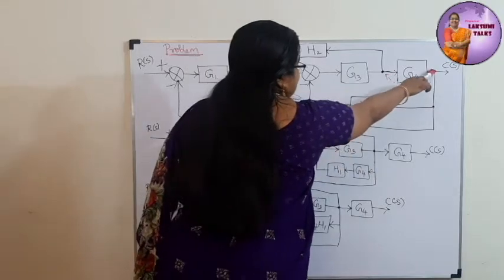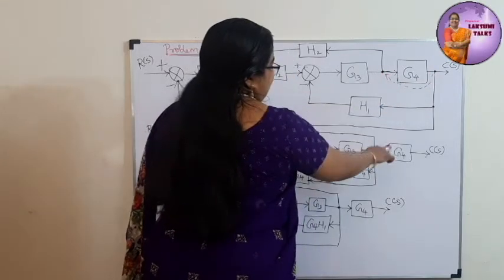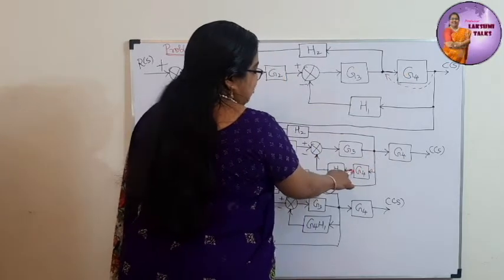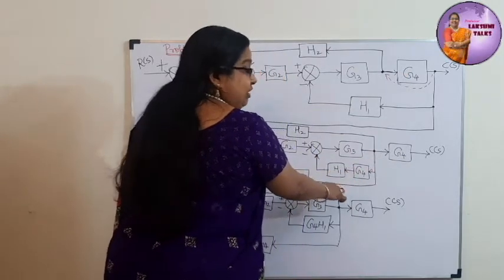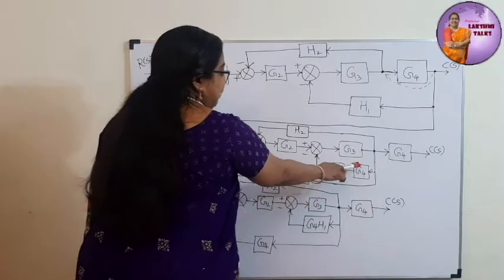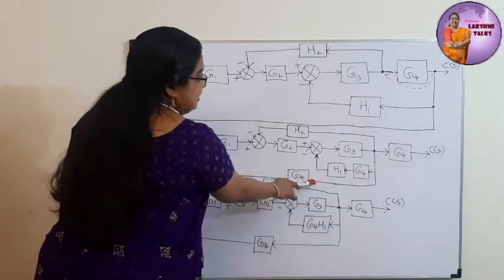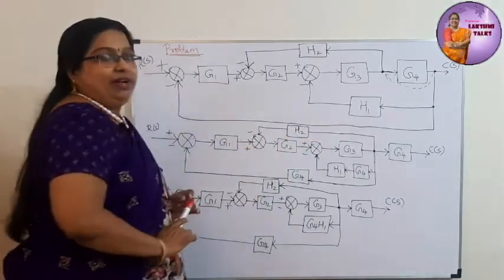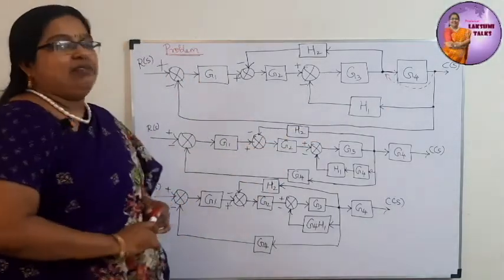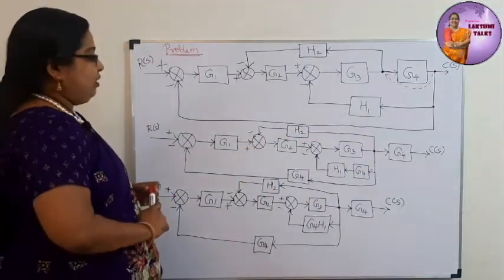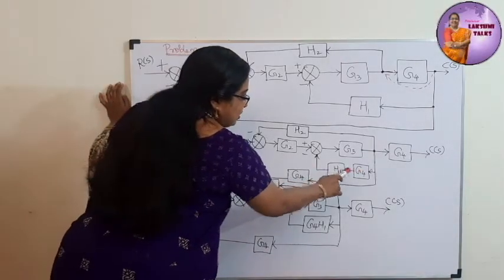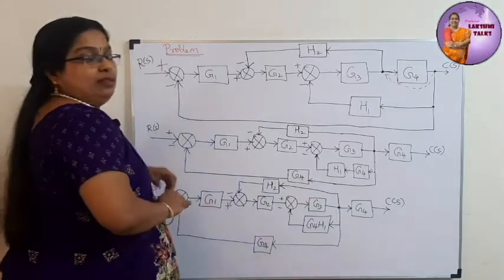We have shifted the takeoff point here, G4 has gone outside, and this G4 has been included in both the feedback paths, both in this path as well as in this path. Now we have to look for blocks in series, parallel, or simple feedback. Here you can see these two blocks are in series, right?